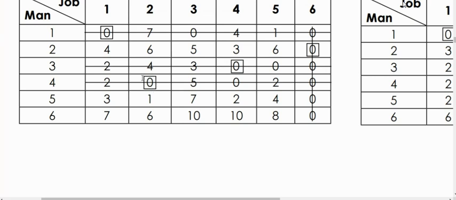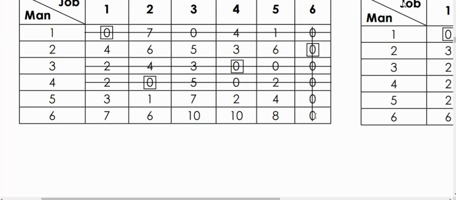So we'll again make a square here. Now we'll look at the fifth man. In the fifth man, we see that there is no remaining 0 because the 0 is in the sixth column, but we have already allocated the sixth job. Similarly, in the sixth row also, there is no remaining 0 which can be given a clear allocation.